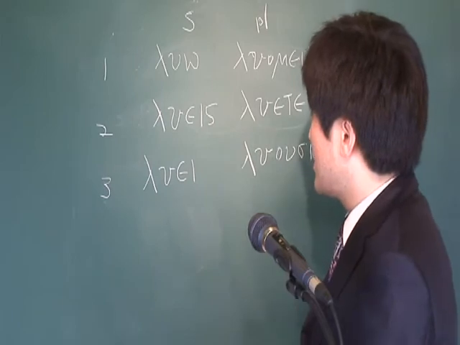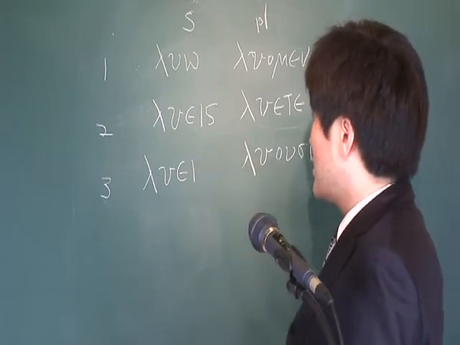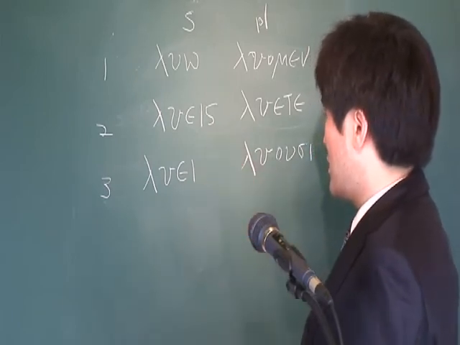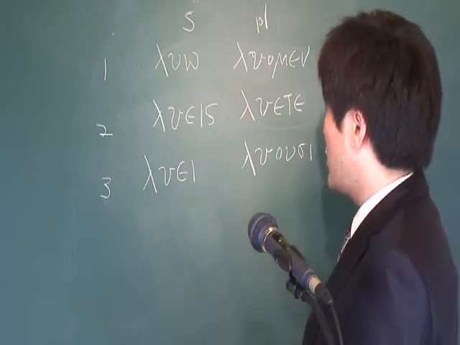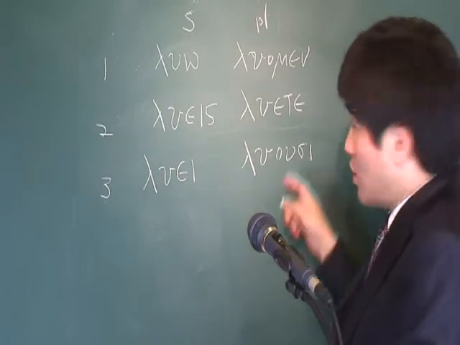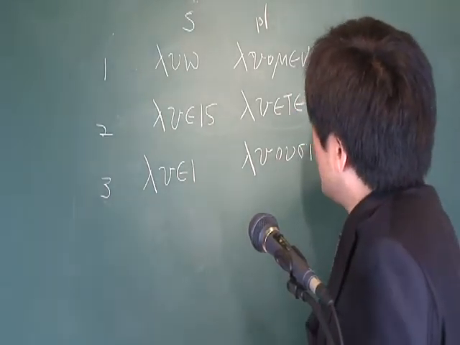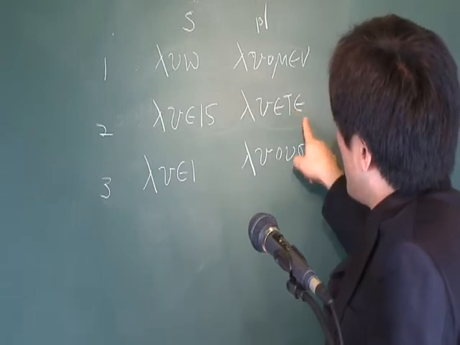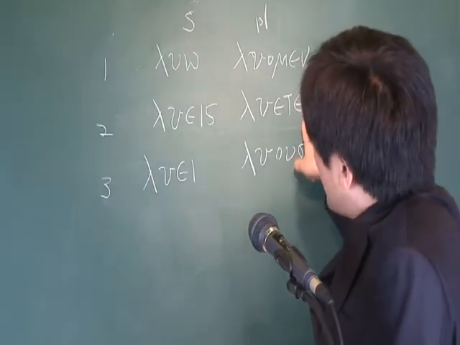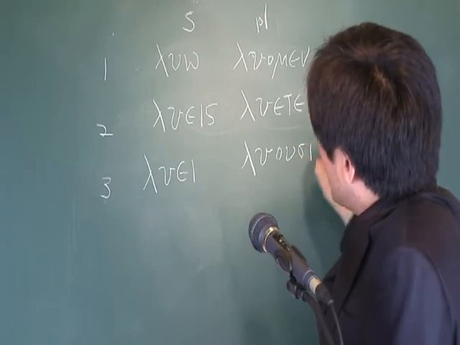The second person singular form. Blep, the stem, and eis, the personal ending, are put together. It then becomes blepeis. This means you, singular, see.